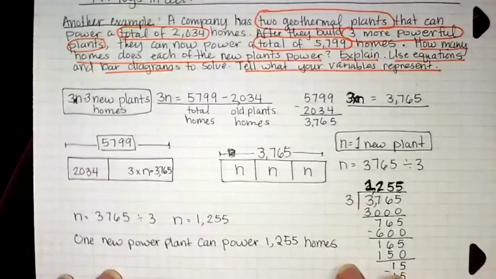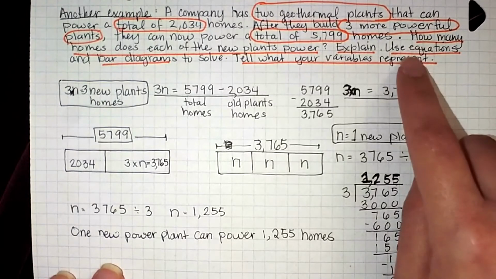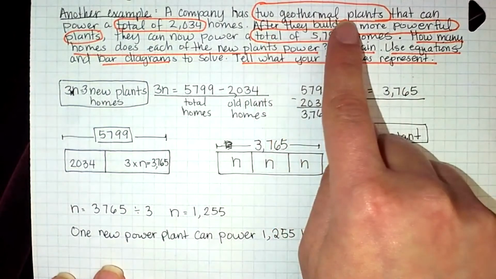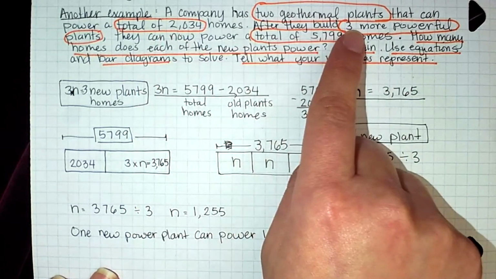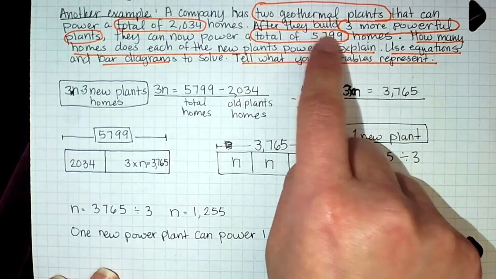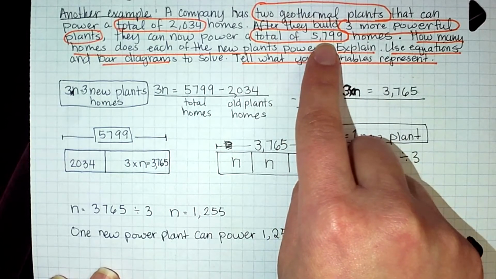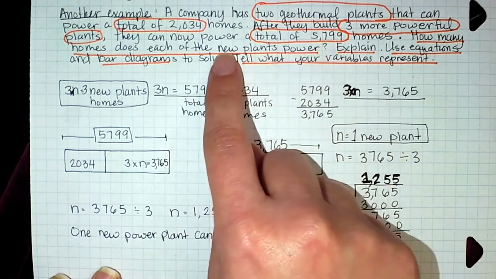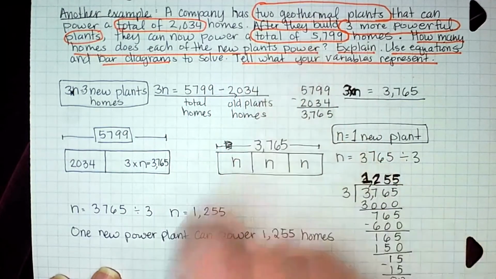So let's go back and take a look at the steps that we followed in this question. I annotated my question. I knew that 2 geothermal power plants power 2,034 homes. The 3 new ones that are more powerful, all together, plus the 2 that came before it, powered 5,799 homes. How many homes did one of those new power plants power?